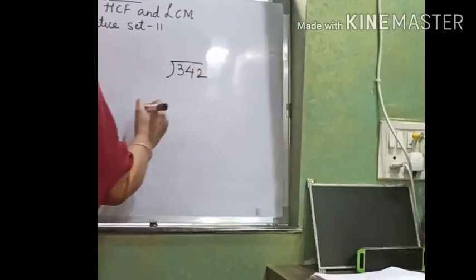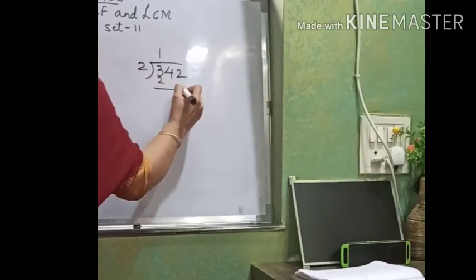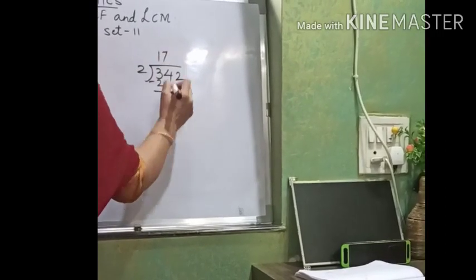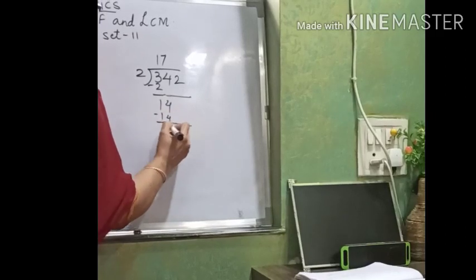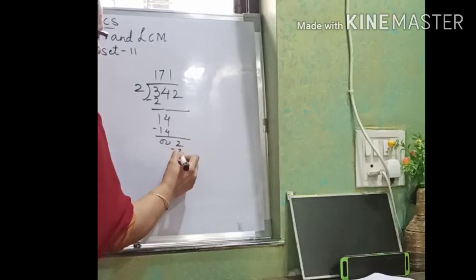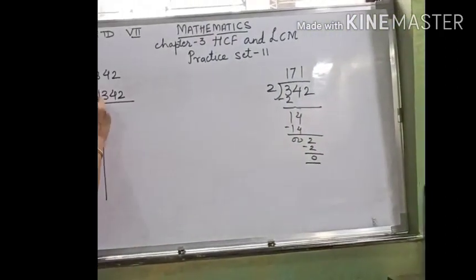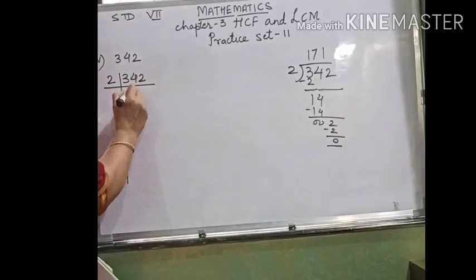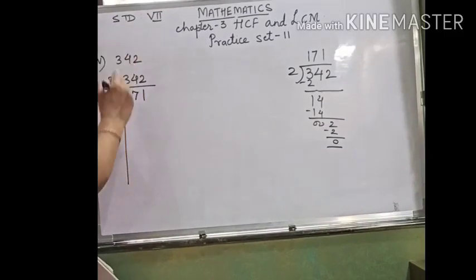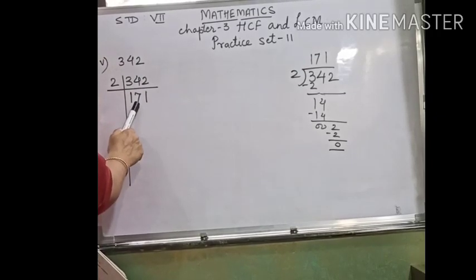Try to divide 342 by 2. 2 ones are 2. 2 sevens are 14. Again 2 ones are 2. So here I can write 2 multiplied by 171. Now 171 is an odd number.